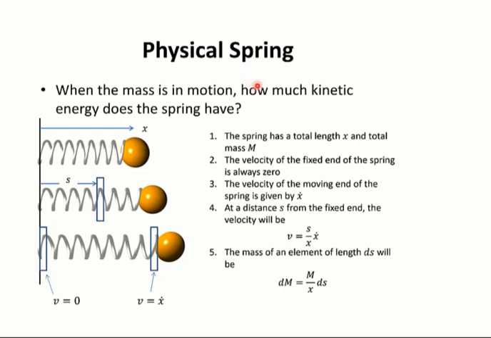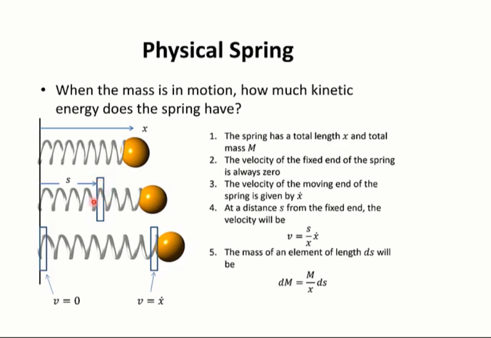Let us first find out the kinetic energy of the spring. Now here, for this spring, the velocity at this fixed end is always 0, right? And at the free end, at distance x, the velocity is v, or we can call it x dot, right? So what should be the velocity of a small segment in between?